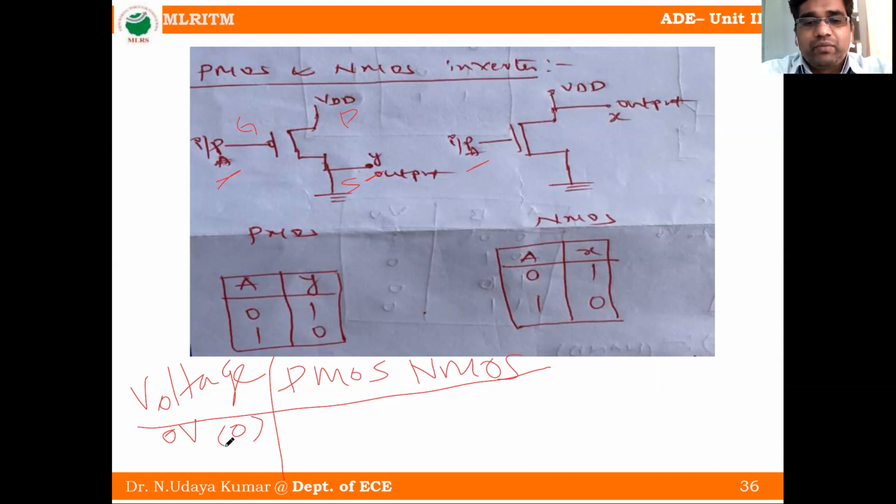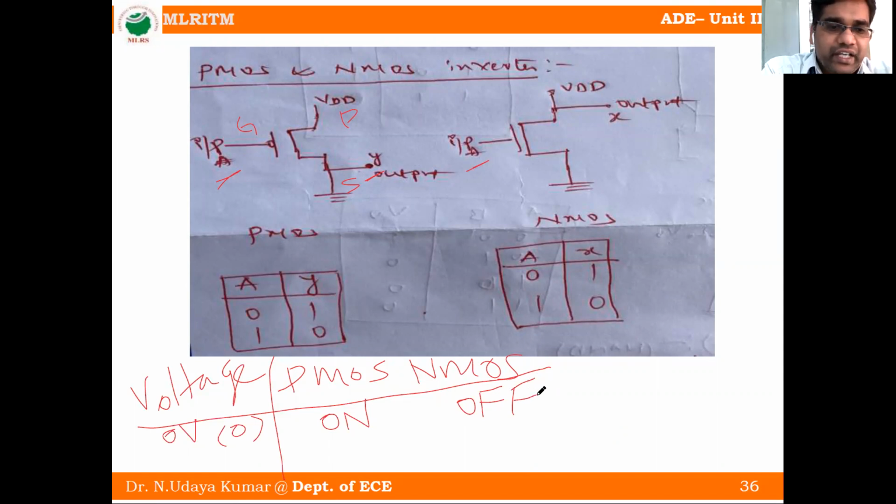So what is the PMOS condition? The first one is the PMOS transistor. Whenever the input voltage is 0, the PMOS transistor is on. Whenever 0 voltage is given to the NMOS transistor, it is off.